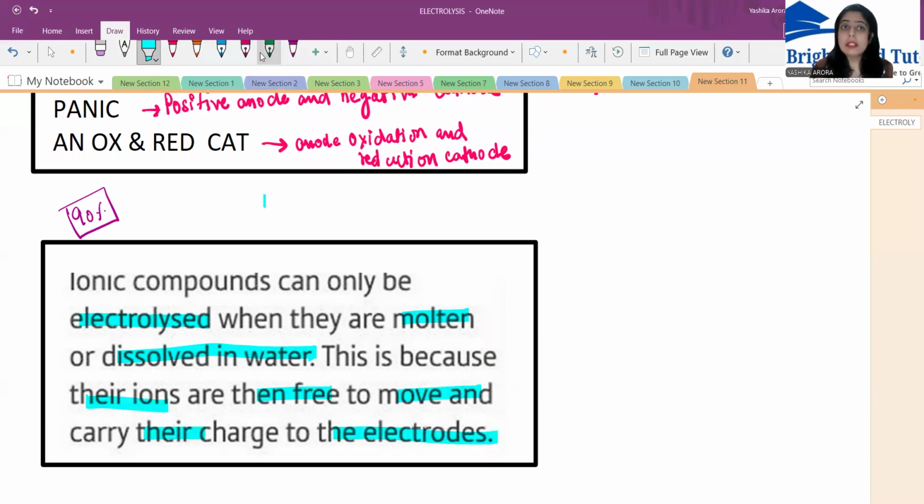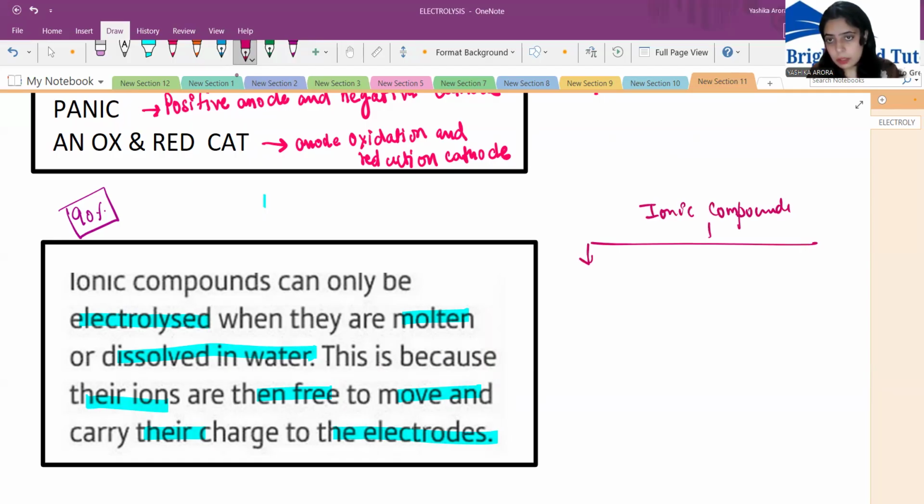If they aren't in either of these two forms, if you take them in any third form, electrolysis won't be possible because the ions will no longer be available. So I can summarize it for you. Ionic compounds are available in three states.